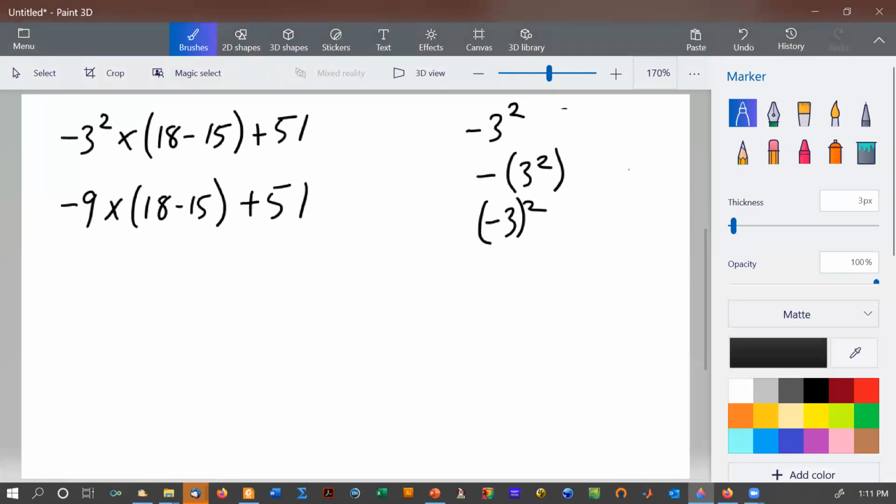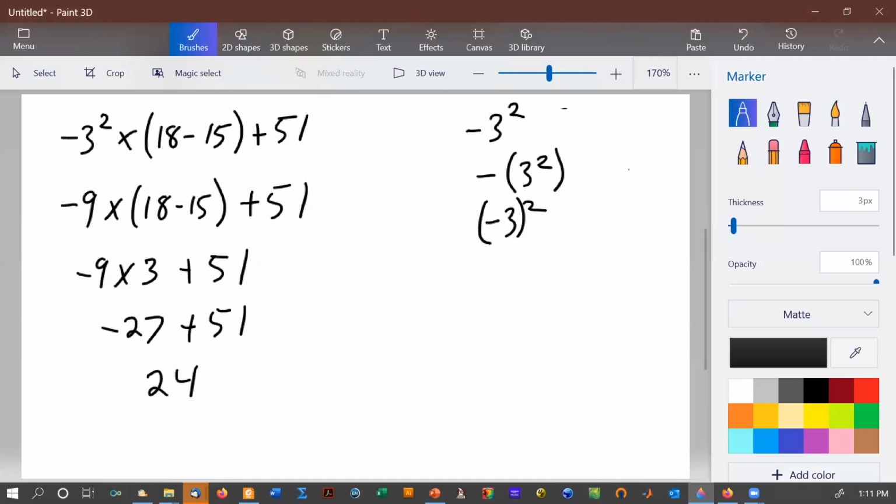Now this parentheses is going to override the multiplication, so we do this subtraction first. So this is minus 9 times 3 plus 51. Now we do multiplication first. So this is minus 27 plus 51, which is 24, doing that addition.